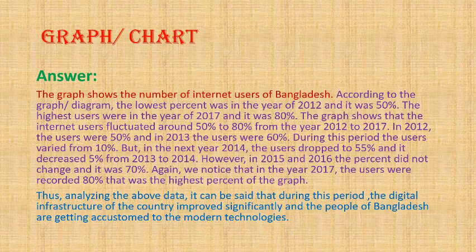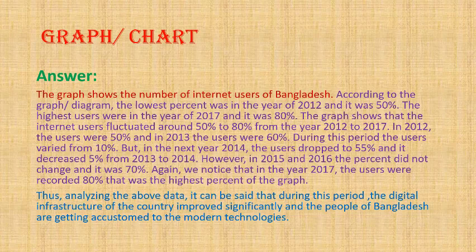In 2012, the users were 50% and in 2013, the users were 60%. During this period, the users varied from 10%, but in the next year 2014, the users dropped to 55% and it decreased 5% from 2013 to 2014.